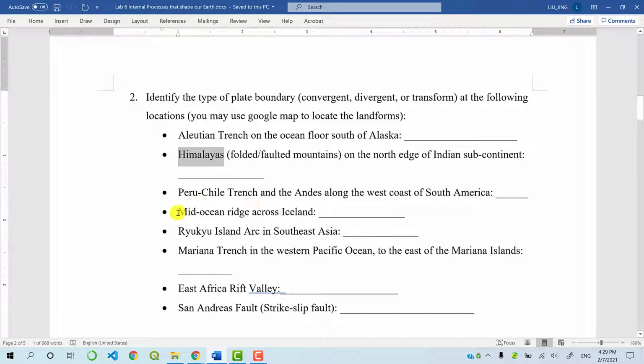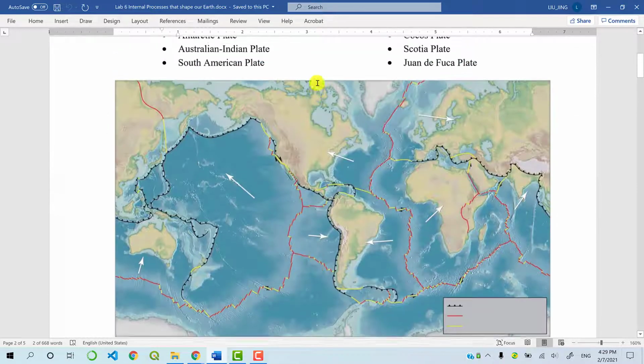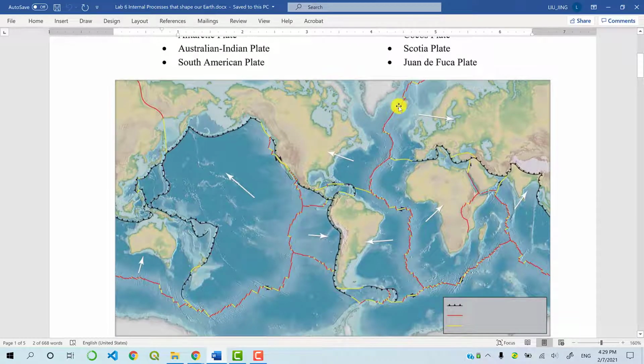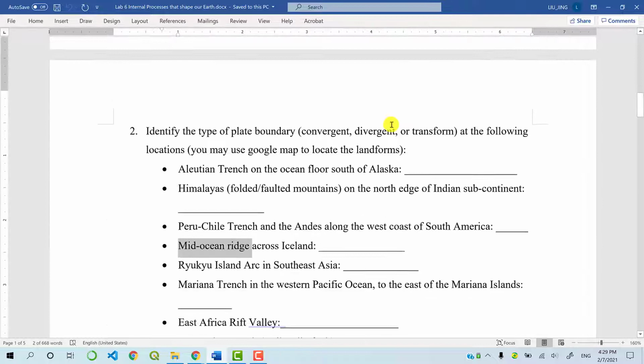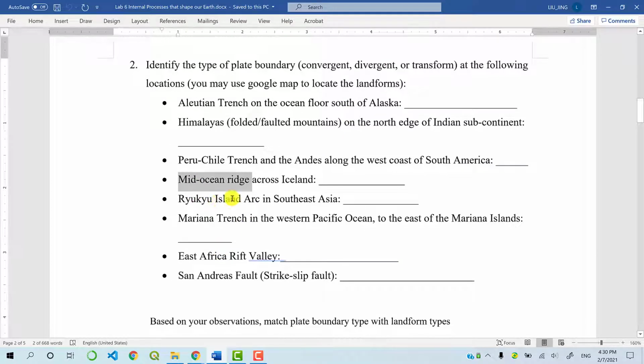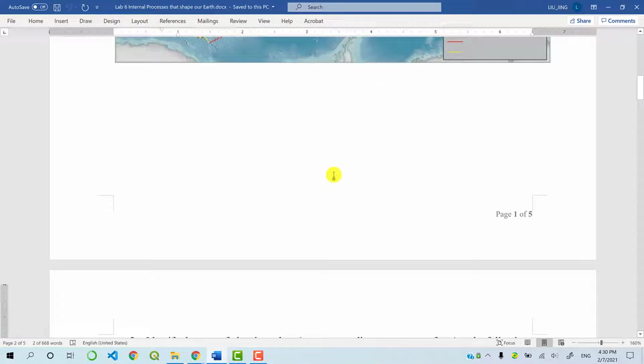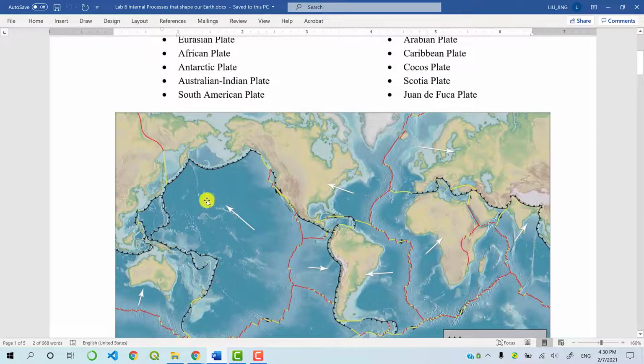Moving on, the mid-ocean ridge across Iceland. Where's Iceland? Right here. You can see it changed to red. Then the Ryukyu Island arc in Southeast Asia, you can read from the symbols. By the way, those white arrows represent which direction it's moving.